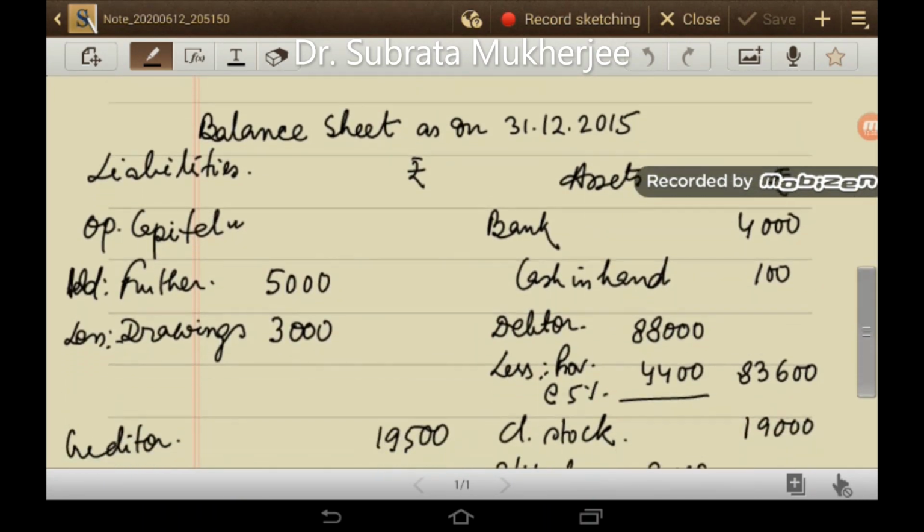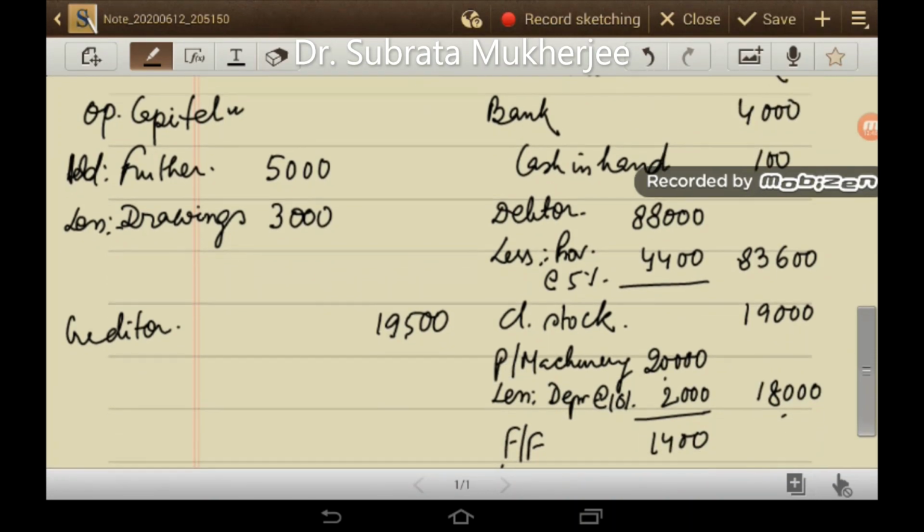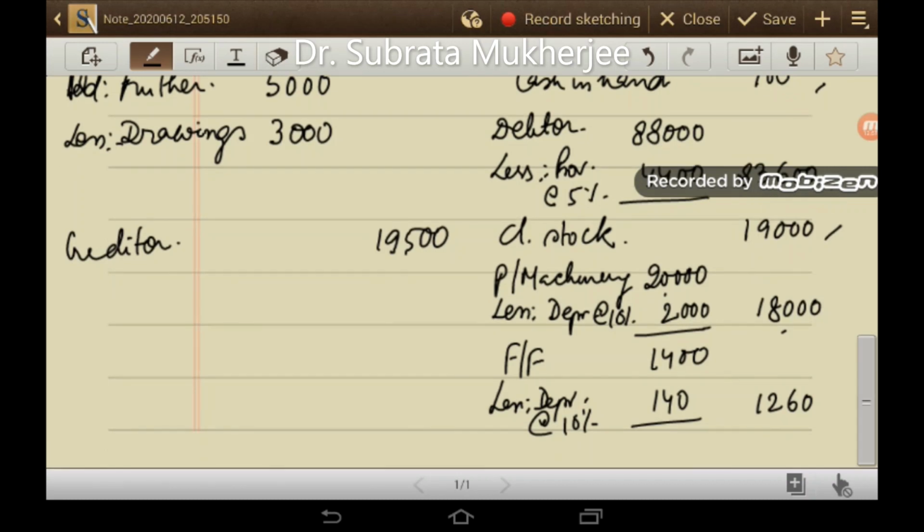So balance sheet as on 31st December 2015. So on the asset side, you have bank balance of 4,000, cash 100, then debtor 83,600, closing stock 19,000, plant and machinery 18,000, furniture and fittings 1,260. So your asset side total is 1,25,960.